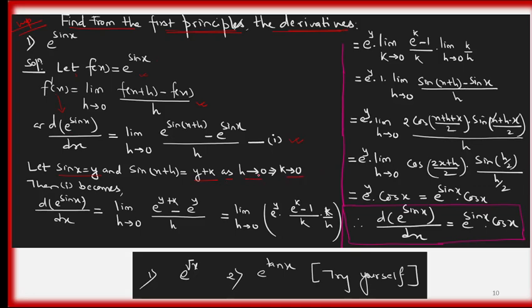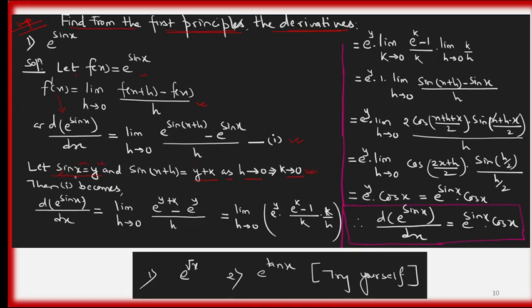It means if sin x is y, then sin(x plus h) will be y plus k. When h tends to 0, we get sin x; when k tends to 0, we get y. If both approach 0, we get the same result. That's why we format it in this way.